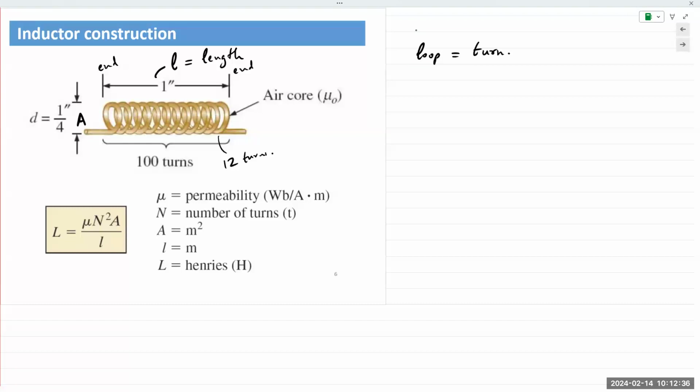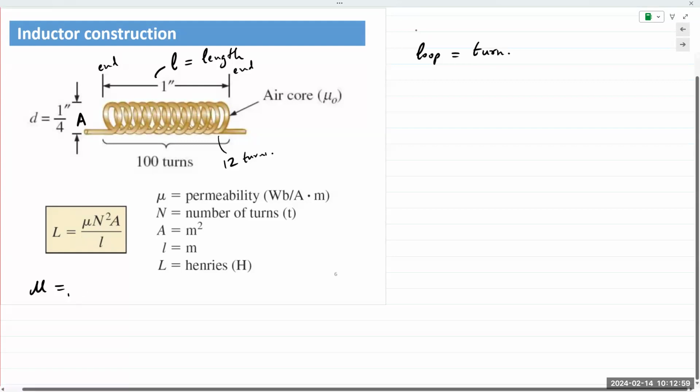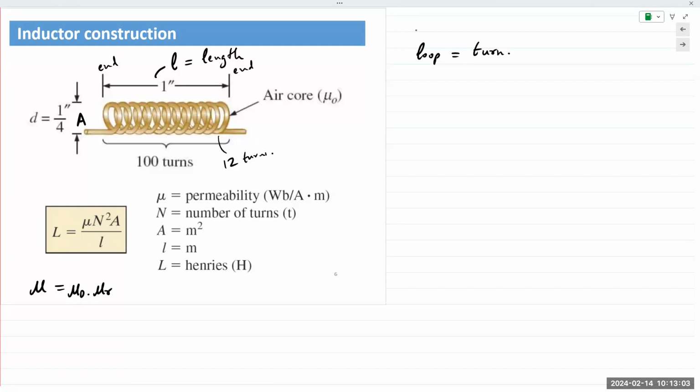From the construction, we would know the radius or the diameter and calculate the area from there. Mu is the permeability, and is given by mu 0 times mu r. Mu 0 is the permeability of free space.